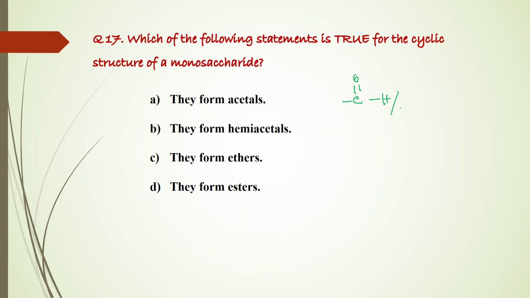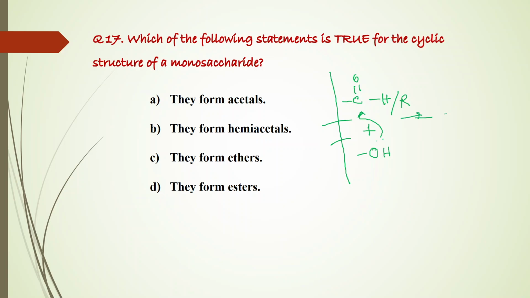An aldehyde group or a ketone group in case of your monosaccharide. And also you have a hydroxyl group that is also a part of the structure. I am not drawing the entire structure, but both this aldehyde or ketone group and this hydroxyl group are part of this monosaccharide structure. After the attack, what do you get?